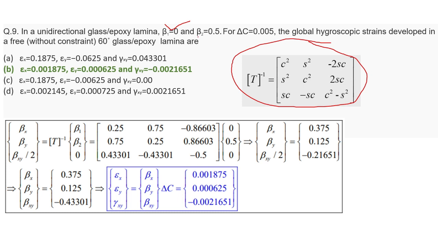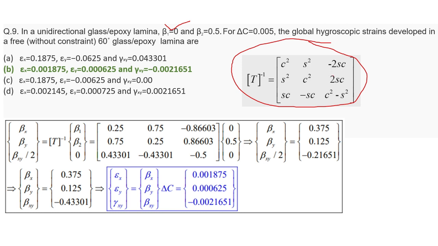So we will multiply the material axis coefficients by the transformation matrix, and we will get the value of beta in terms of the global axis, that will be beta x, beta y, and also the shear strain value beta xy. Now, one thing you have to remember is that the beta xy value is written in terms of beta xy by 2. So when you are solving, you have to multiply the final value by 2 also.